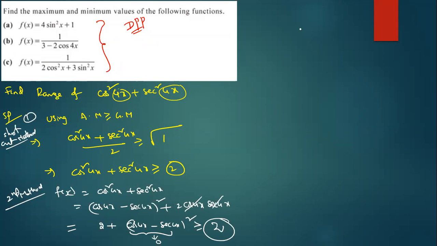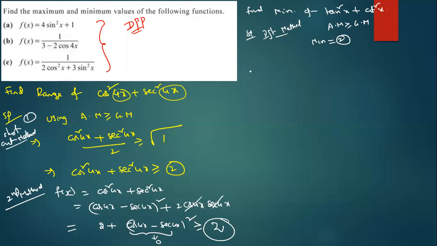So wait, I'm giving one more question. How to solve? Dear students, minimum of tan square x plus cot square x. Of course, everybody knows AM-GM. First method is what? AM-GM. Okay, yeah. Minimum is 2. Okay, accepted. What is the actual method?